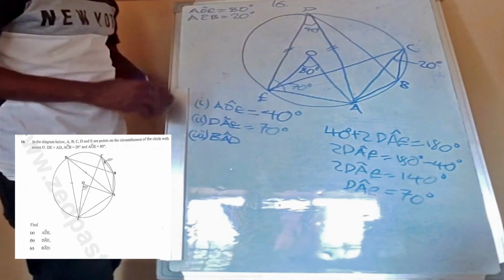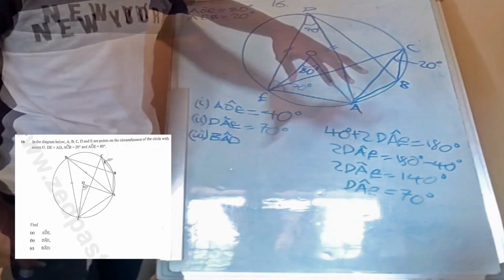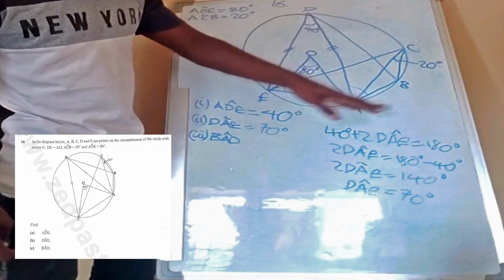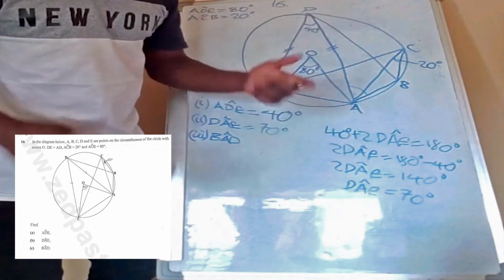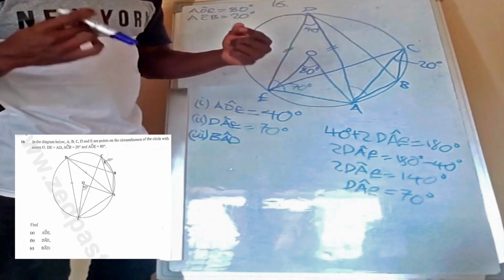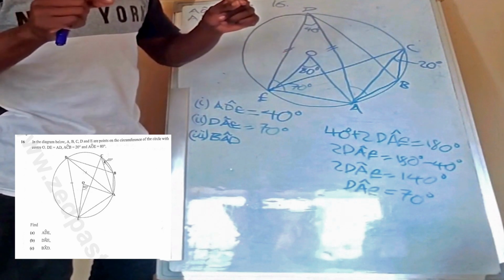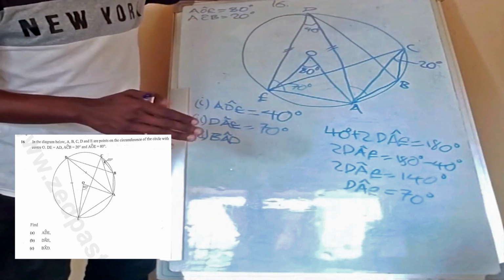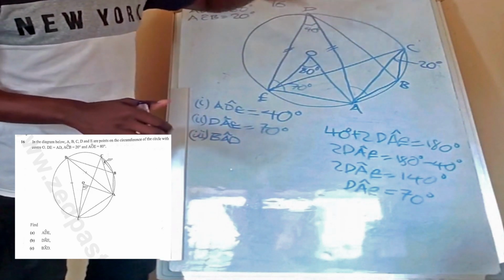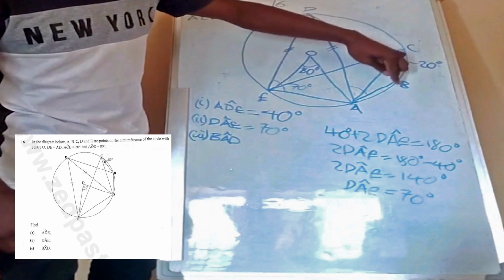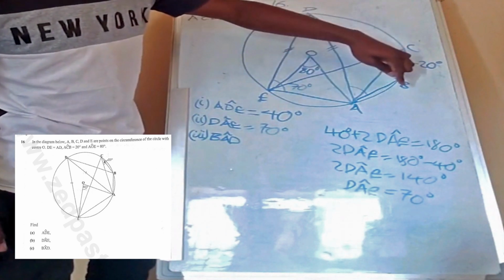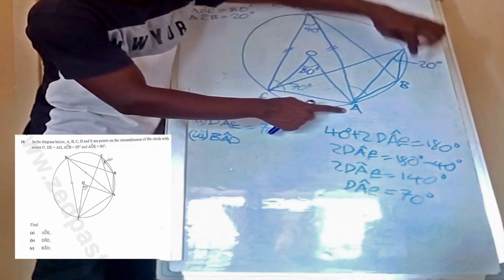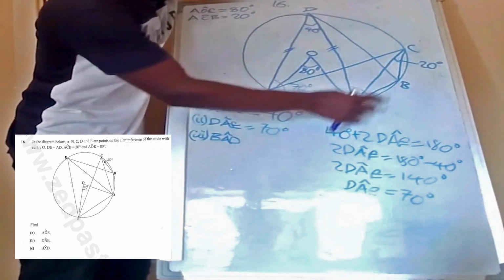Okay, the next question is asking us to find BAD. We've been given the 20 degrees, and this 20 degrees is coming from A and B. We need to remember that angles coming from the same two points and touching the circumference of the circle are the same. So we've got BCA, where angle C is coming from B and A. Is there any other angle coming from B and A?